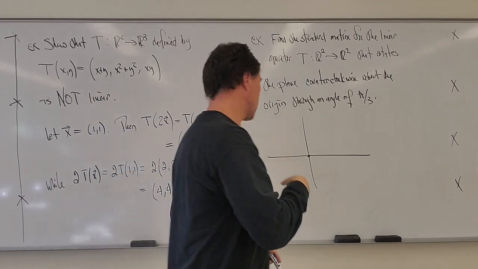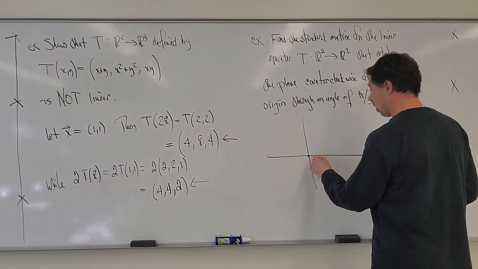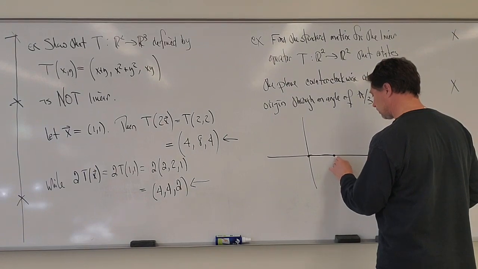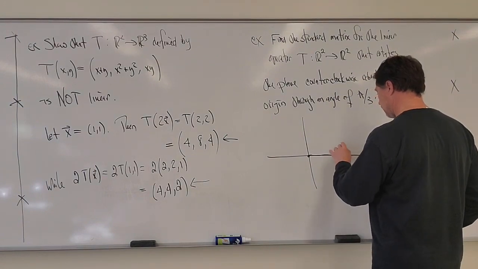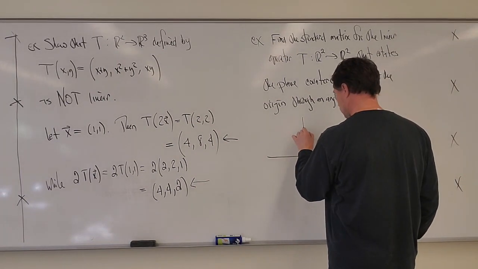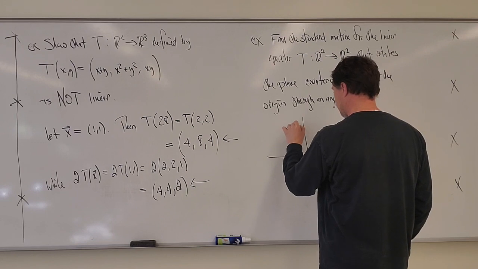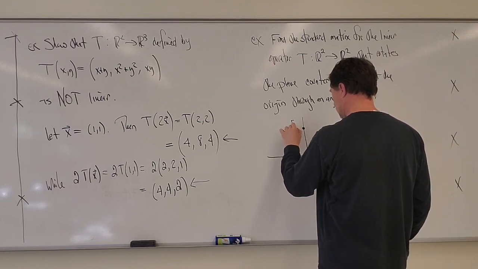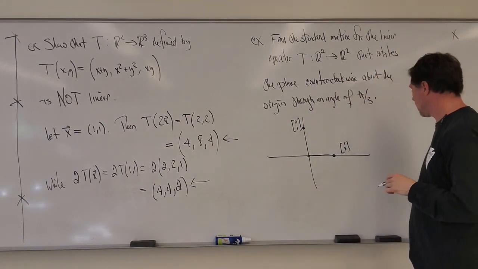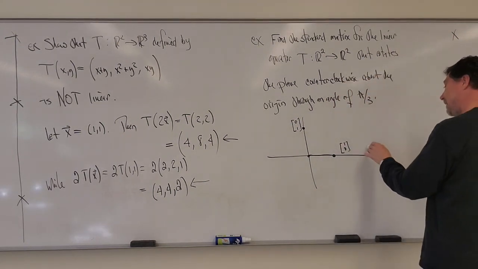In this case, we're in R2, so there are 2 standard basis vectors. The first one is 1, 0. And the second one is 0, 1.